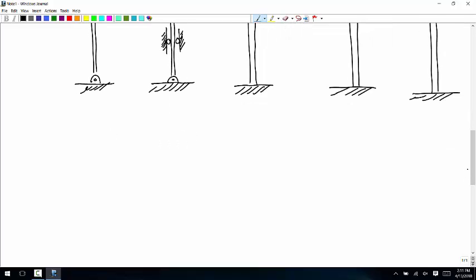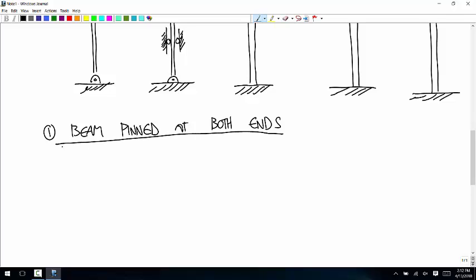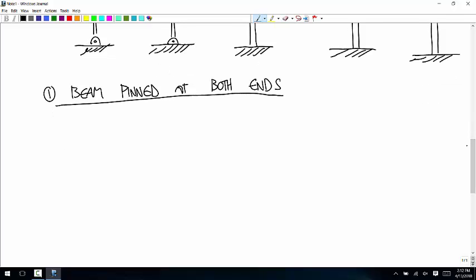Okay, so I'm going to start with a beam pinned at both ends. Let me first draw a picture of what's going to happen. So you have a pin down there.